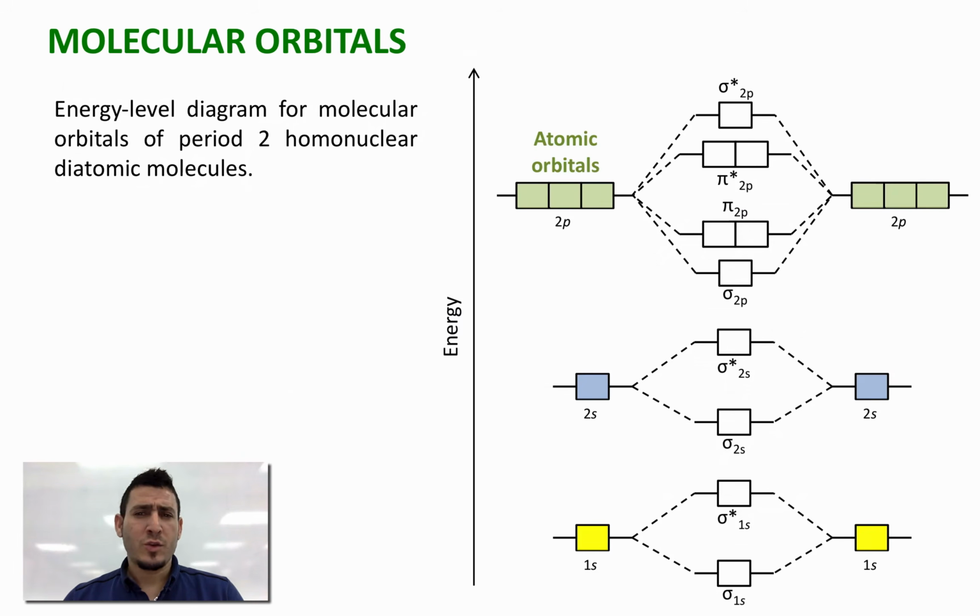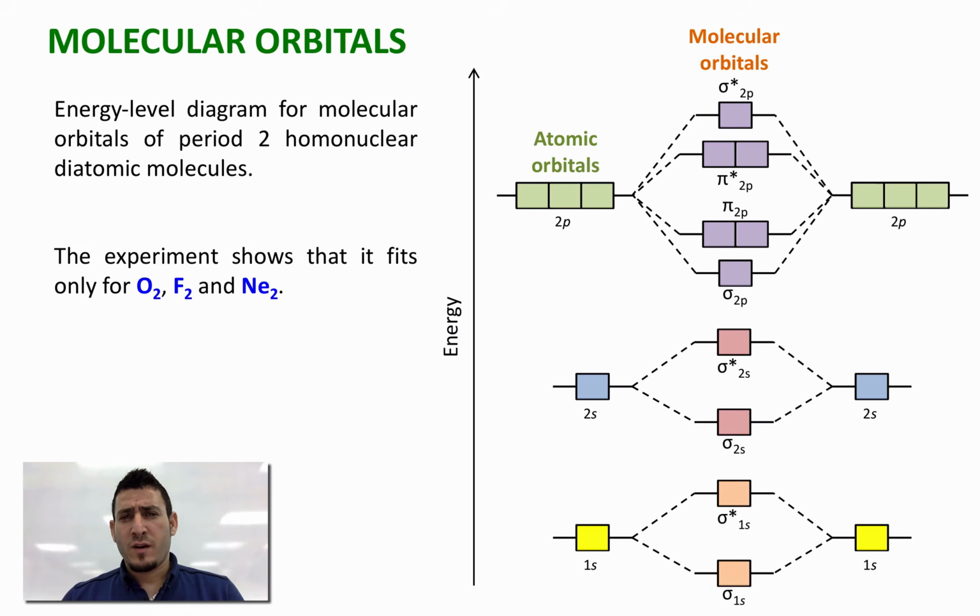We will have the atomic orbitals that will overlap to form the molecular orbitals. Now, experimentally, we found that this scheme applies only to oxygen, fluorine, and neon. Now, why is that? What about the rest of the elements?